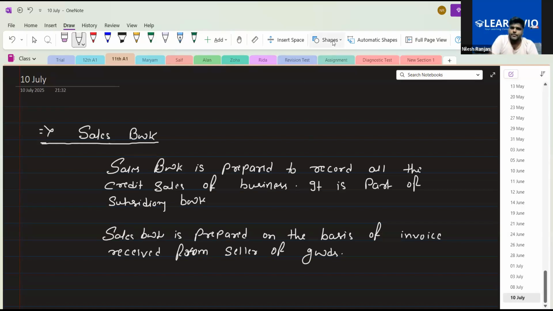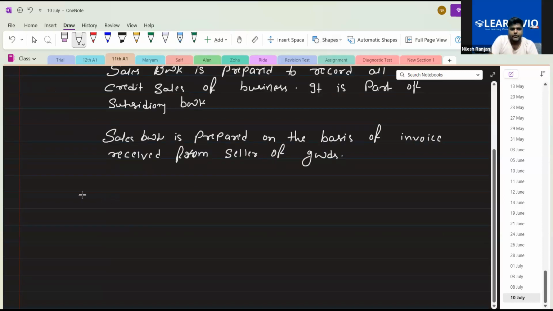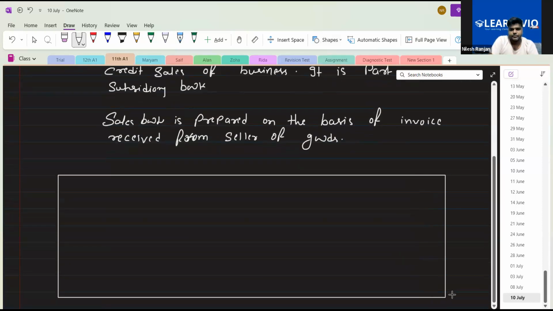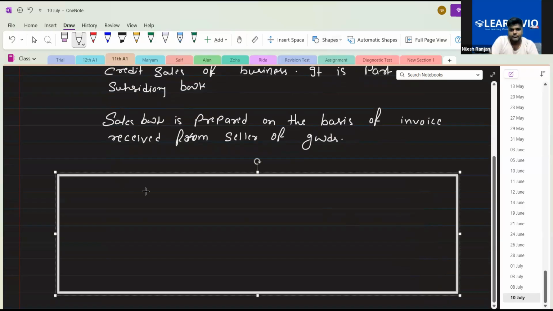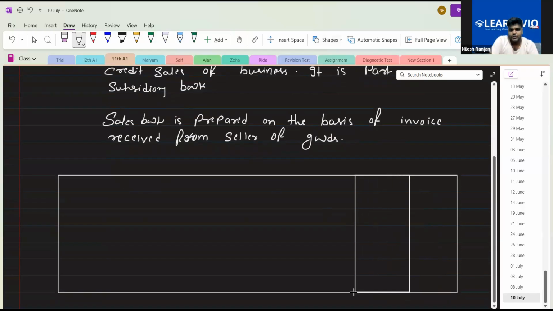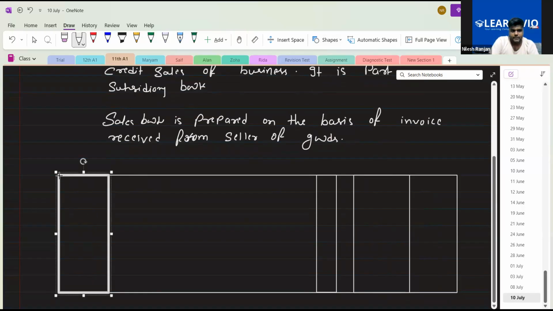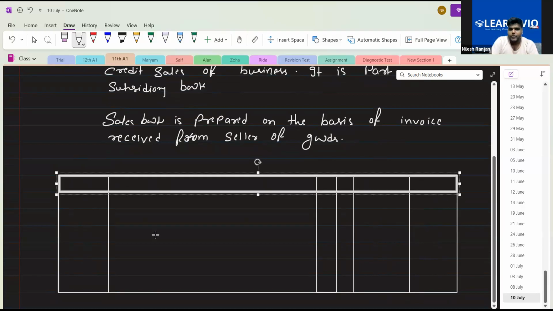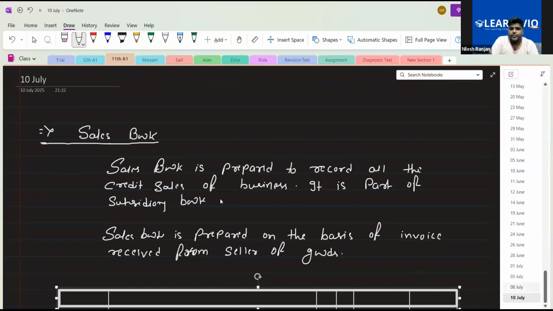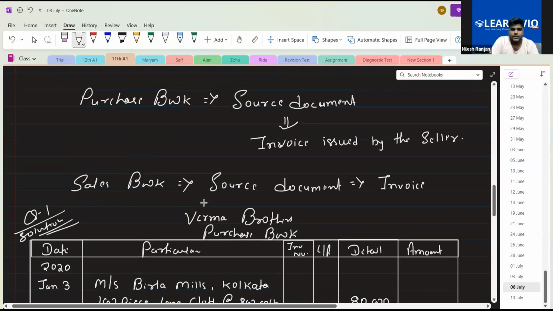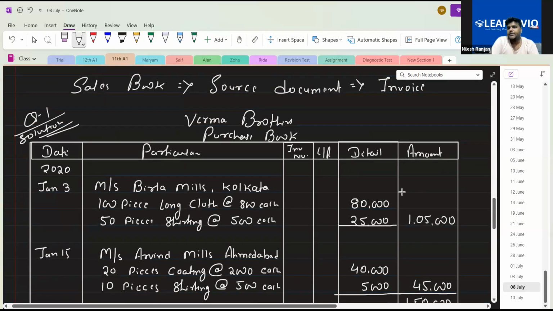So the format is the same. When we say sales book, first is amount, then detail, and here it is the date. You can see the same format we prepared in the purchase book also: date, particular, invoice number, LF, detail, amount.